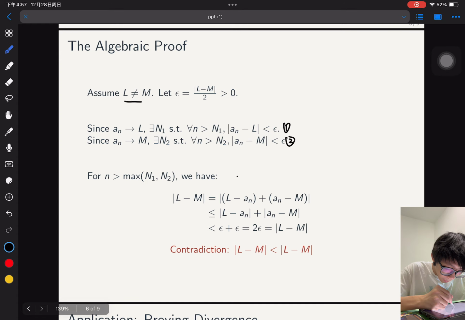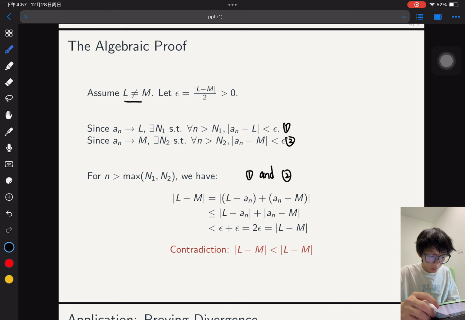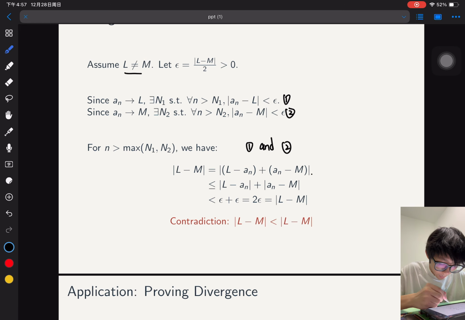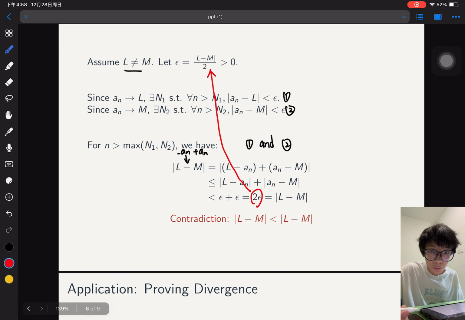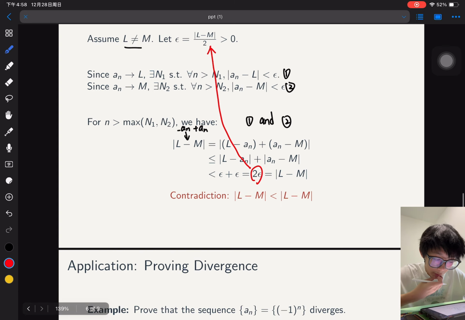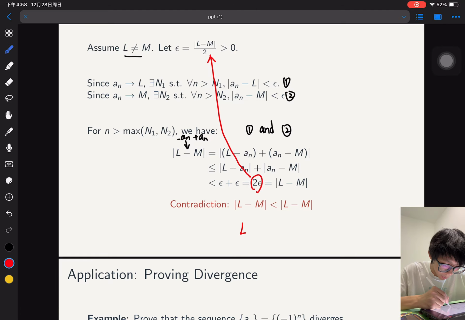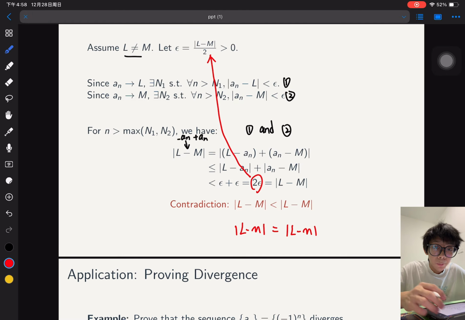We choose n larger than both N1 and N2, so we can use both 1 and 2. Then we use the triangle inequality: we write L and M down, plug in minus a_n and plus a_n, and find that |L minus M| is less than 2 epsilon. So we choose epsilon to be |L minus M| over 2. Then we find a contradiction, because |L minus M| would be less than |L minus M|. So we finish the proof.